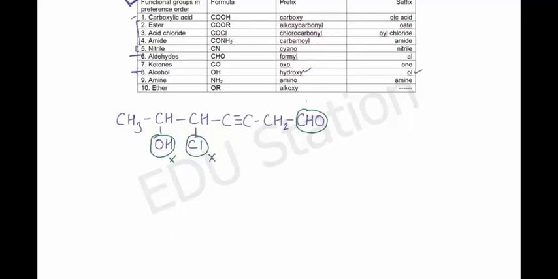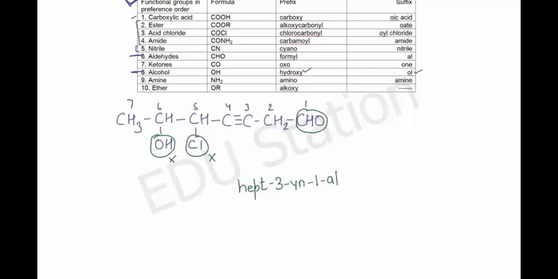So your sequence would be, order of numbering would be 1, 2, 3, 4, 5, 6, 7. That would mean it will be hept. Kind is ine. So this will be the end of the name after eliminating the vowel.